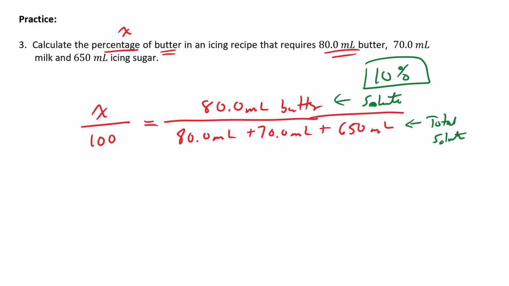Here I want to talk about butter. If I was asking for the concentration of milk, my numerator would be different. If I was asking for the concentration of icing sugar, my numerator would be something else. However, the denominator would remain the same. Let's solve this now.